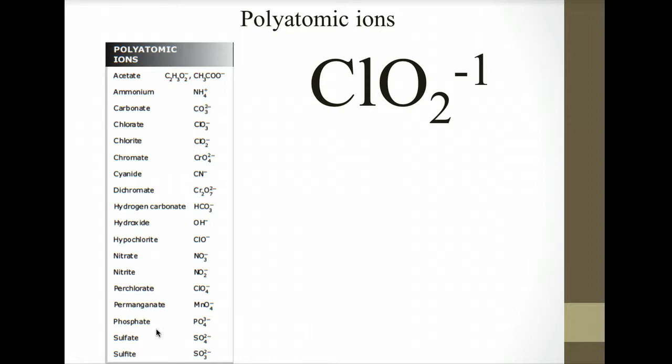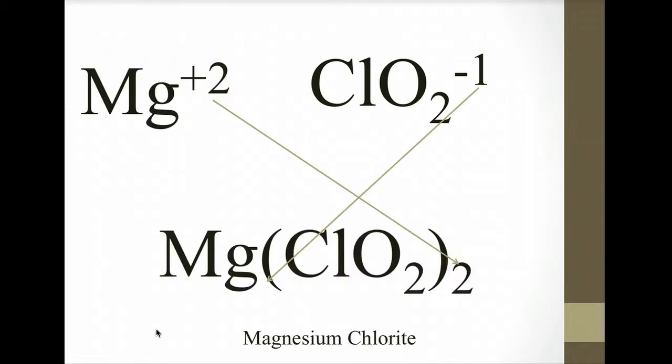Now, the thing about polyatomic ions is they form bonds with monatomic ions. Monatomic, mono meaning one atom, ions, just like we've looked at in binary compounds. So if we take the chlorite ion and we bond it with magnesium, magnesium has an oxidation number here, we see, of 2, and the chlorite ion has a -1.